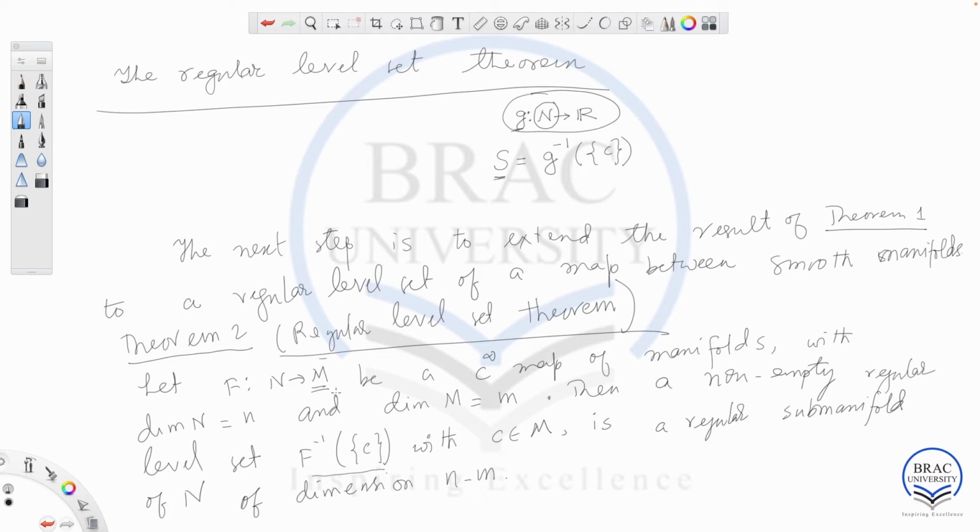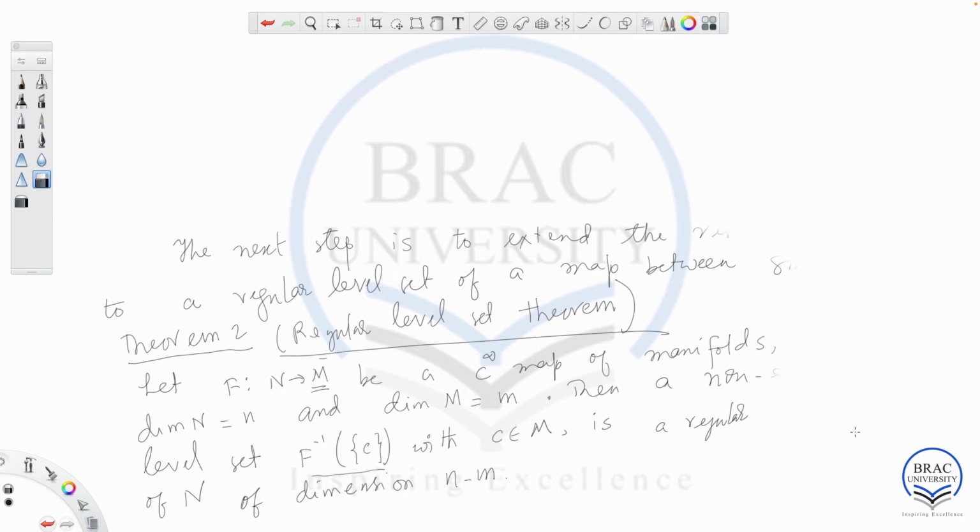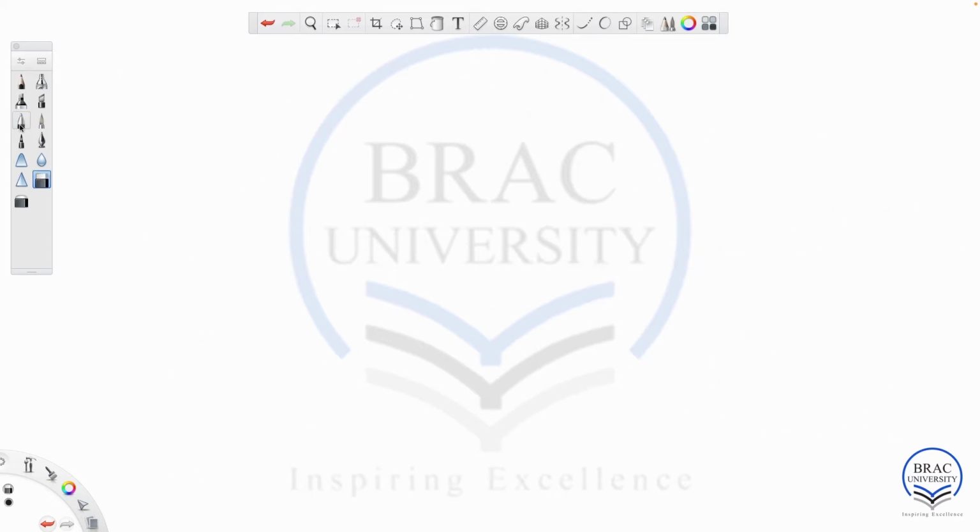In that case, small m is equal to 1, and c can be any point here in the set of real numbers, and we see that we obtain Theorem 1 from Theorem 2 as a special case. Okay, so let us prove this second theorem, Theorem 2.